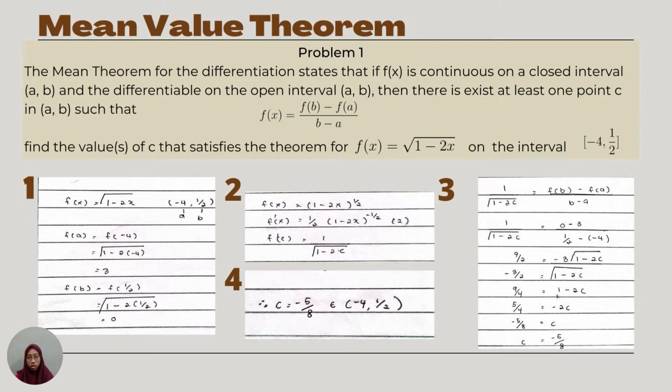The next step, we must put the values into the formula, f(b) minus f(a) divided by b minus a, and we will get the answer c equals negative 5 over 8. We write the answer c equals negative 5 over 8, which lies in the interval negative 4, 1 over 2.